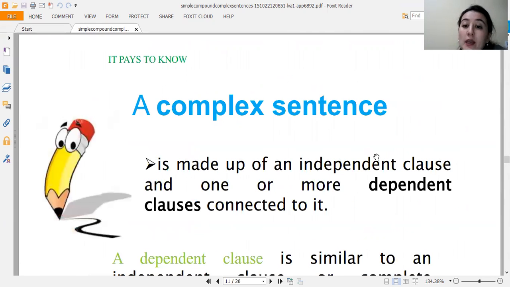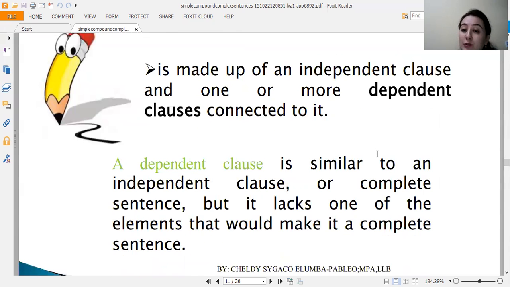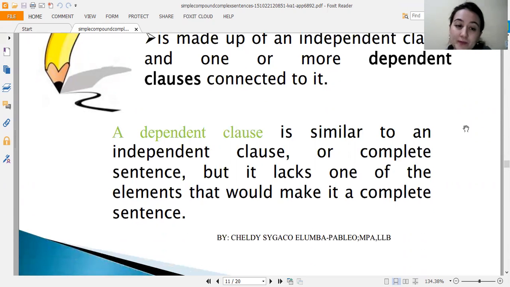Complex sentence. This is a sentence made up of two or more independent and dependent clauses that are connected together. A dependent clause is similar to an independent clause, but it lacks one of the elements that should be in the independent clause. So the subject is missing, or the verb is missing.